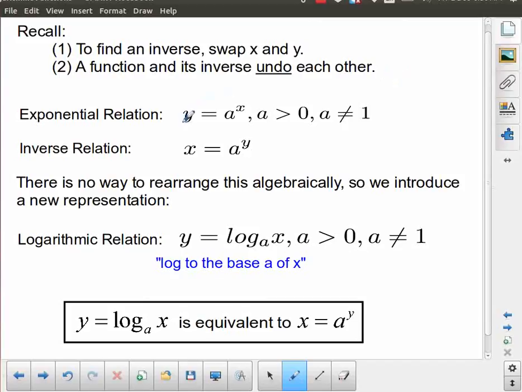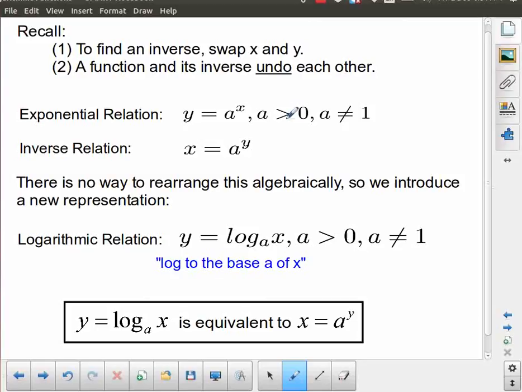If I start with this exponential relation, y equals a to the x, I mentioned this on the first slide, the base of your exponential function actually has some restrictions. And for those of you who may recall what you looked at in your grade 11 course, you actually went through this.